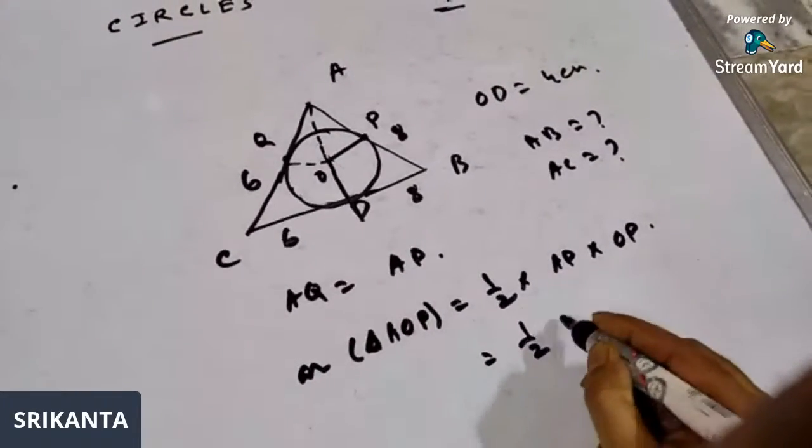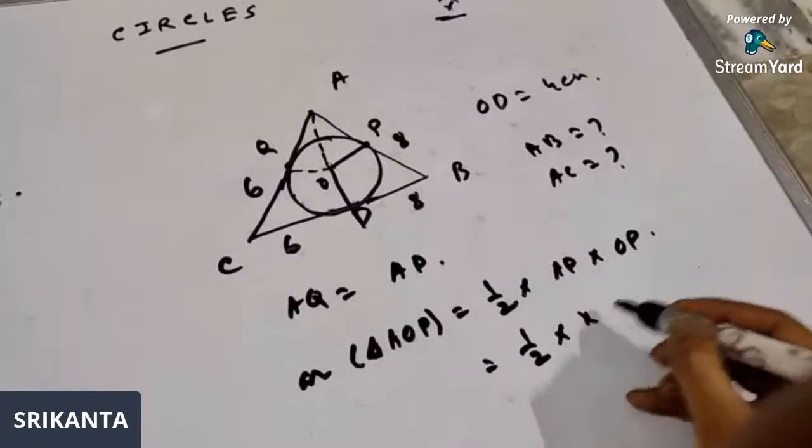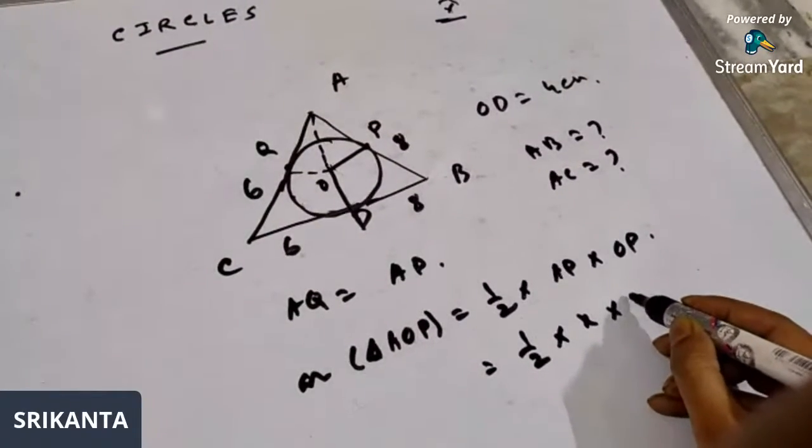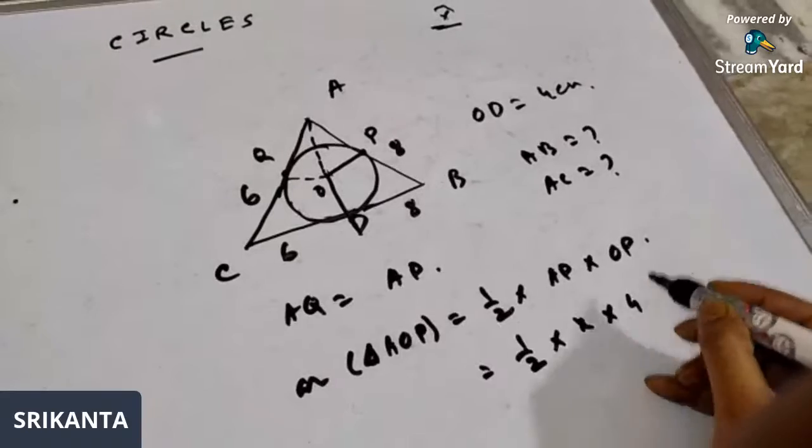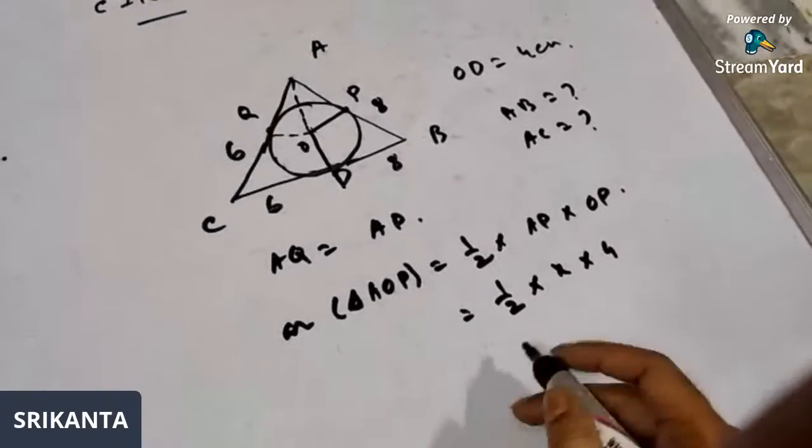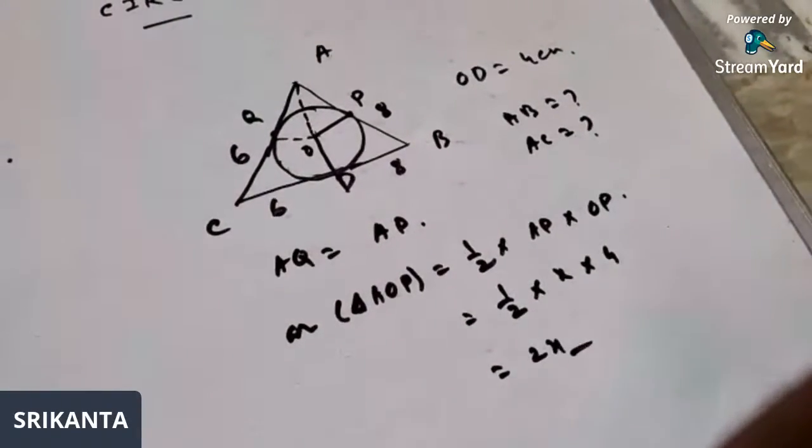That means half into AP into OP, 4 because radius is 4. So 2x.